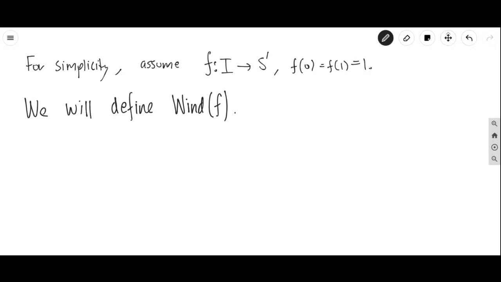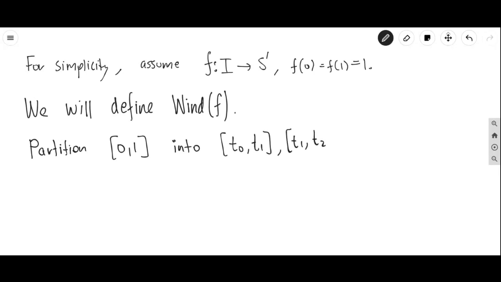So what you do is you're going to partition the unit interval into smaller subintervals. So let's call this T0, T1, T2, let's say Tn minus 1, Tn, like this.